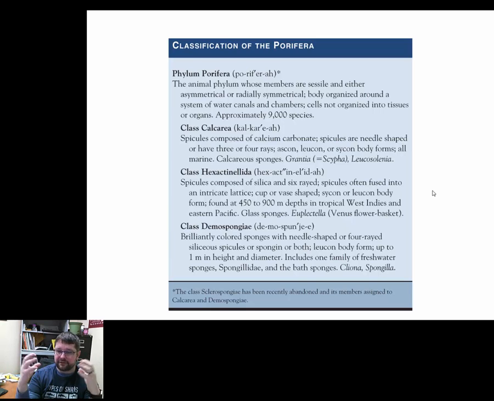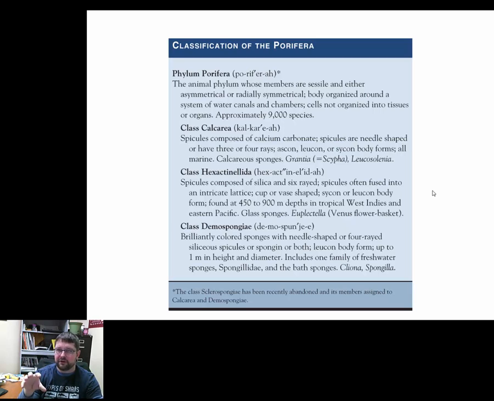And that's where they get that flexibility. So 3 main classes, really divided by what material holds their shape: either calcium carbonate, silica, or spongin.